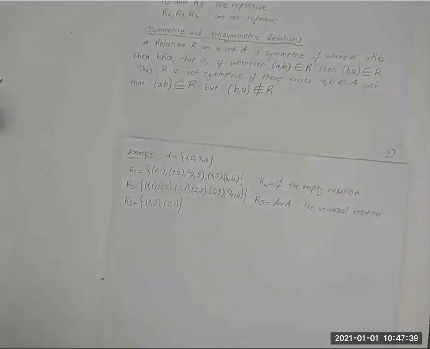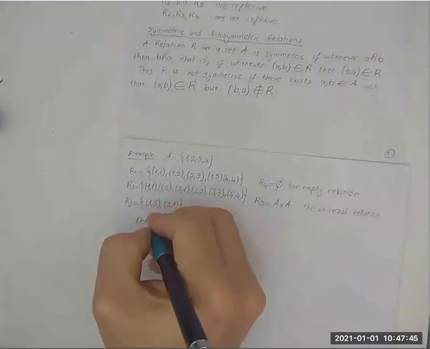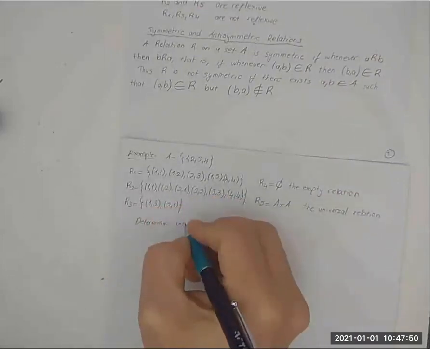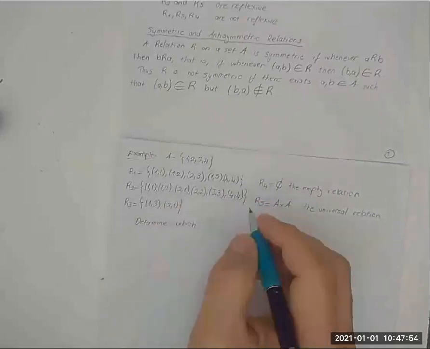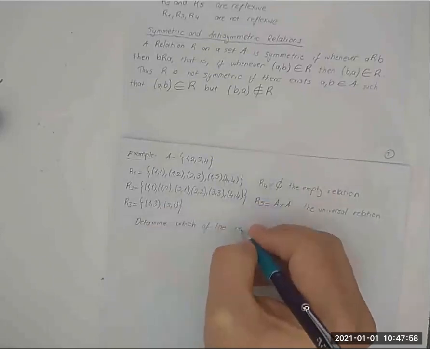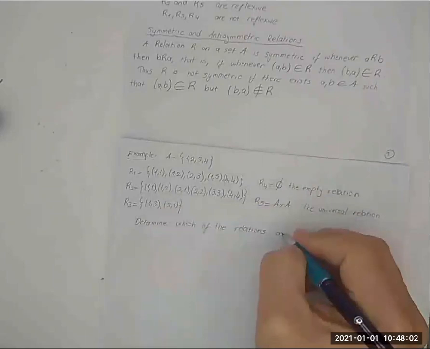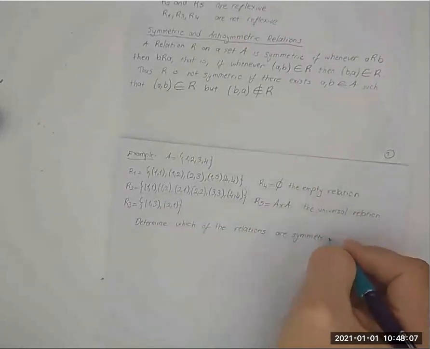And R3: (1,3), (2,1). And R4, the empty relation, and R5, the universal set.